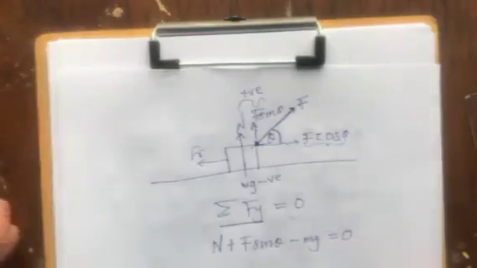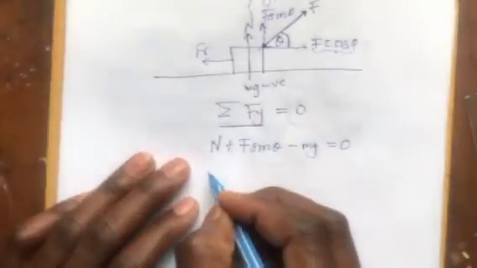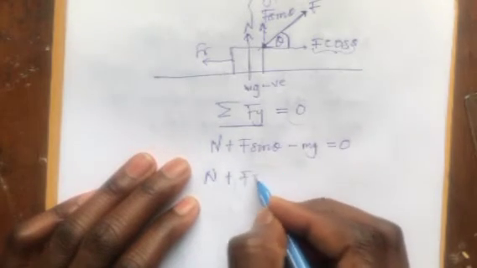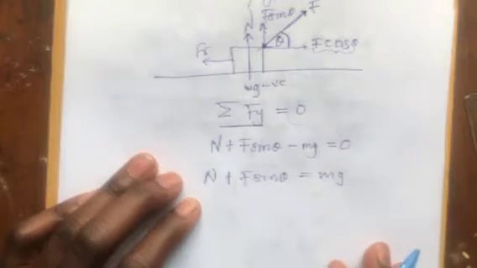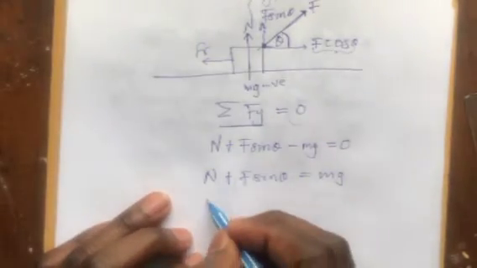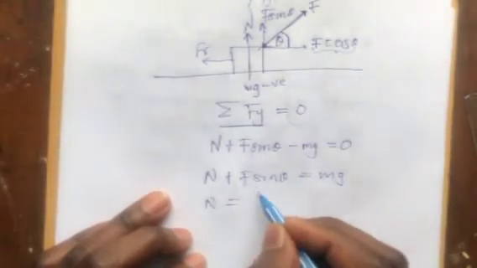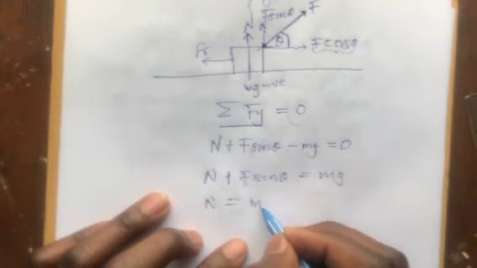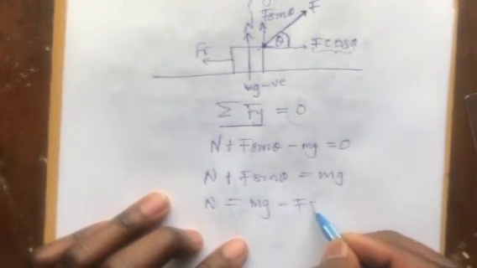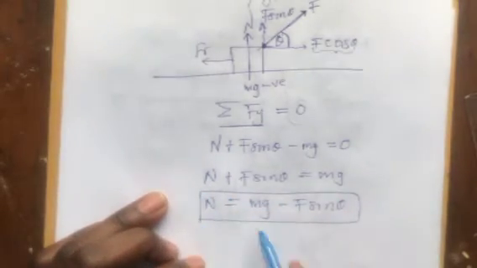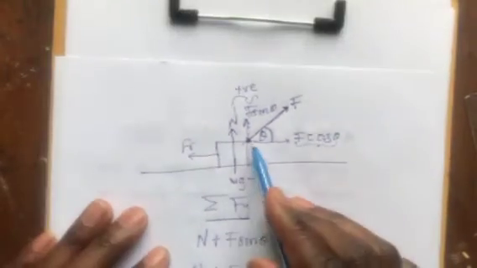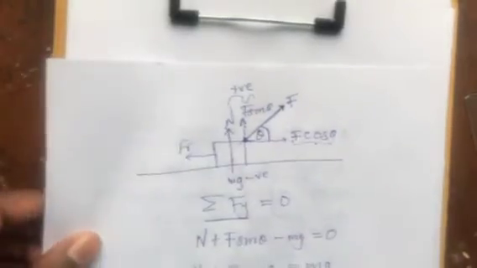So if you take normal plus F sine theta and equate everything to mg, what you are going to understand is this. We are going to have N giving us, this can now move to the other side, mg minus F sine theta. This is how we consider a normal force in a case whereby the force has been raised at a given angle.